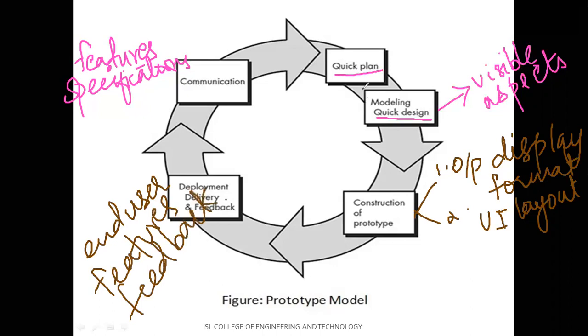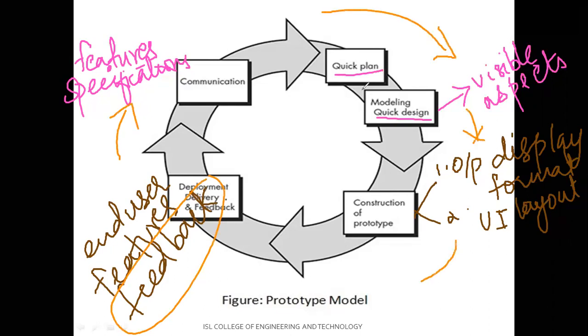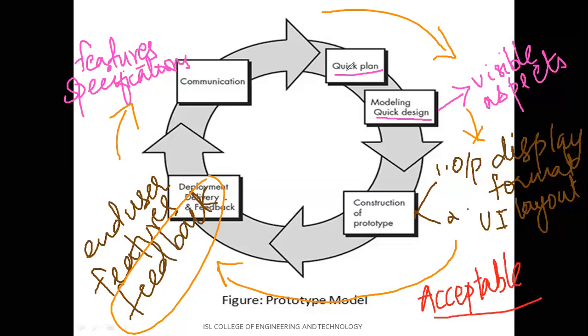Based upon this feedback, you're going to add more features. This entire circle is going to be repeated until you get an acceptable prototype. Acceptable means that it has all the features, specifications, and functionalities that were required by the end user.